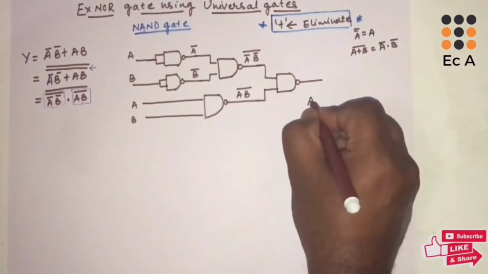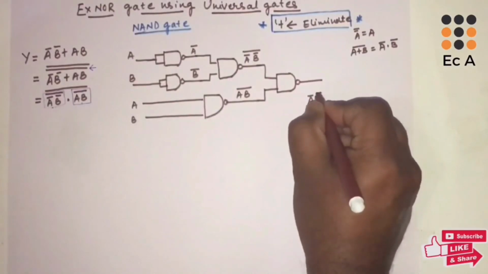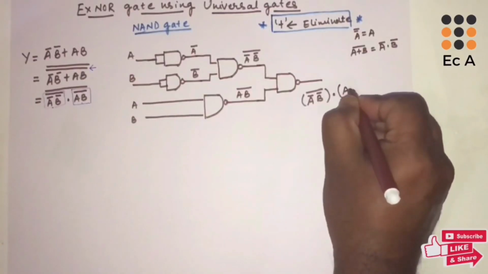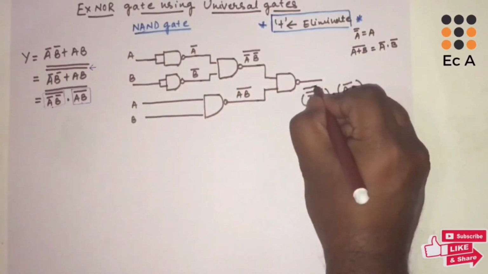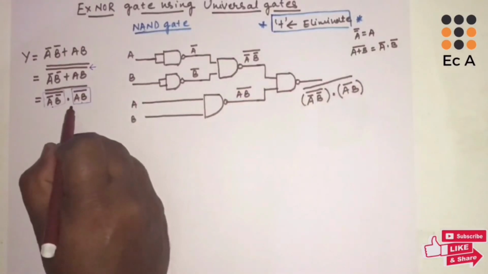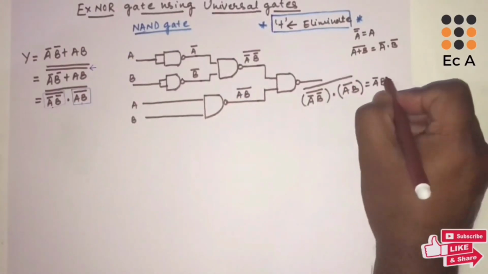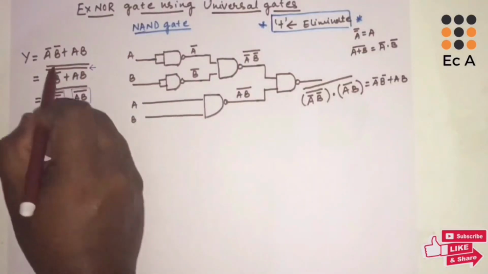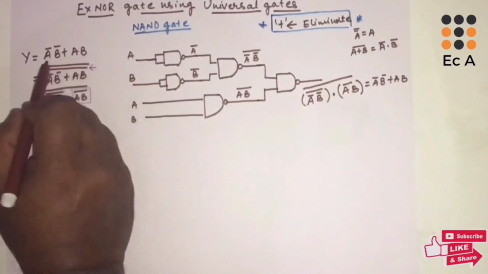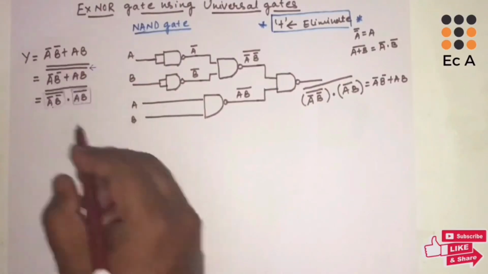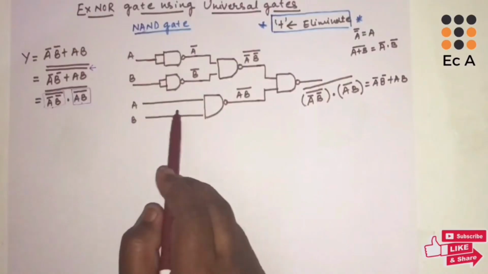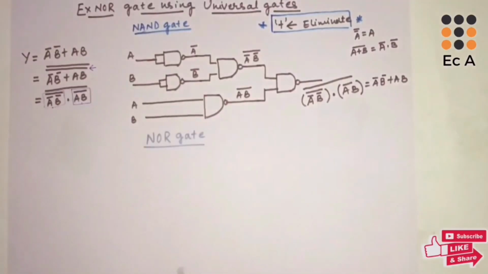So let us write the first term, (A bar B bar) whole bar, dot second term, (A B) whole bar. So we got the same expression. This expression is same as A bar B bar plus AB. So we have implemented XNOR gate using only NAND gate.